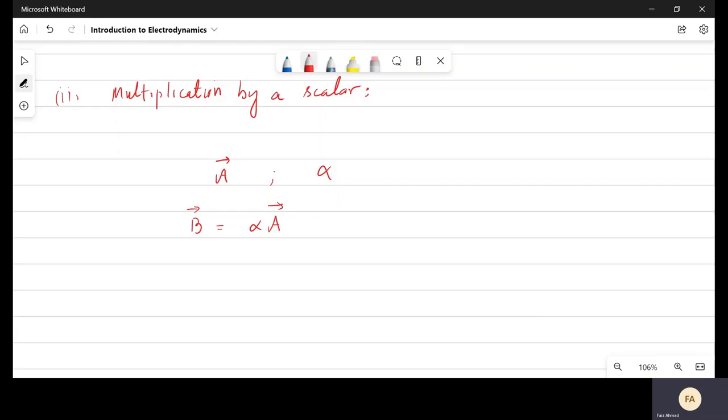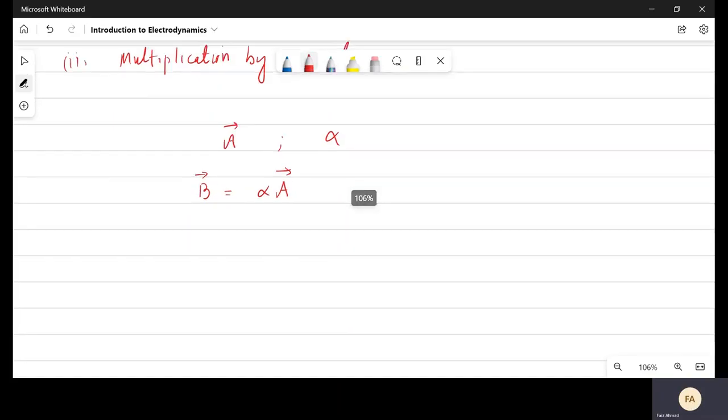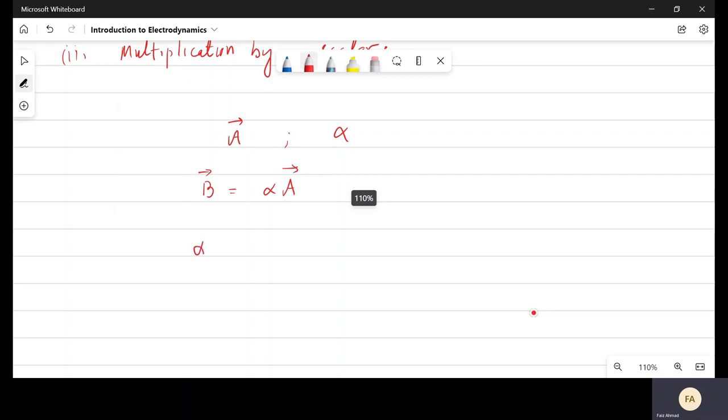So this is the simplest one, and it's also distributive. A plus B, times alpha, is equal to alpha A plus alpha B. So this is simple multiplication by a scalar.